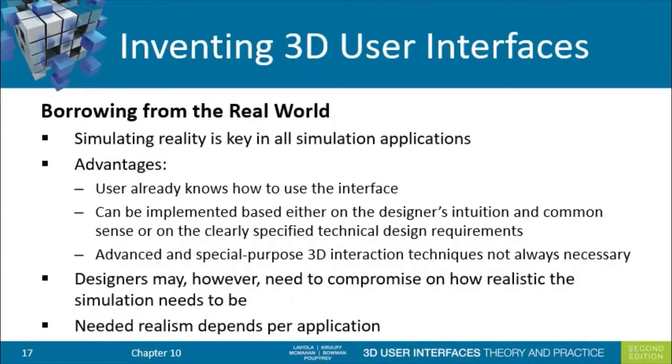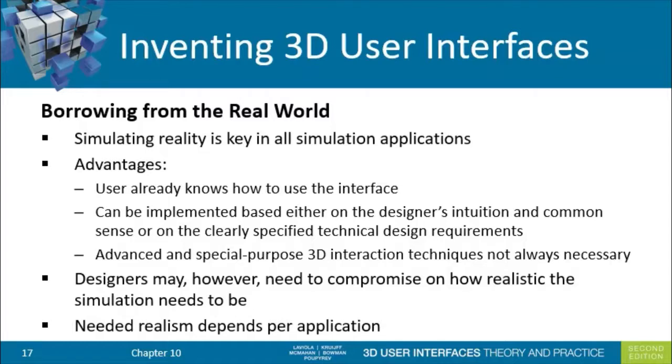The advantage of simulating reality is that the user already knows how to use the interface from everyday experience, so the time spent learning how to use it is minimal. It can be implemented based either on the designer's intuitions and common sense or on clearly specified technical design requirements.